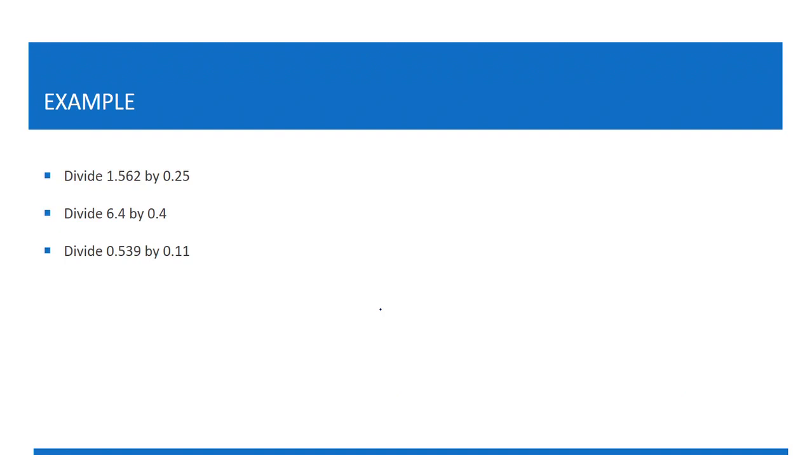Let us check out one more example: 1.562 divided by 0.25. What you can do here is, first of all, forget about decimals.